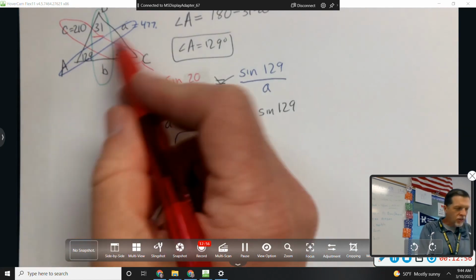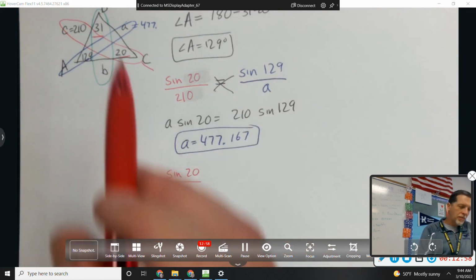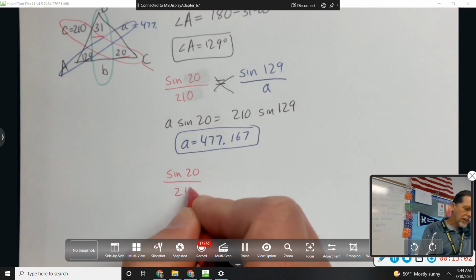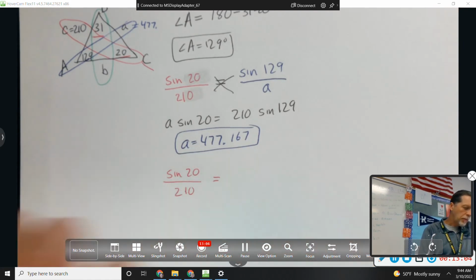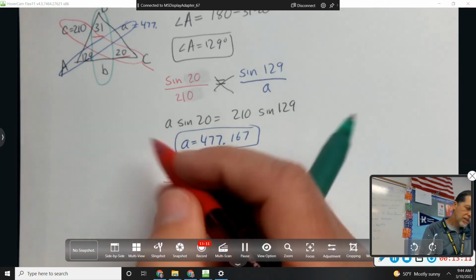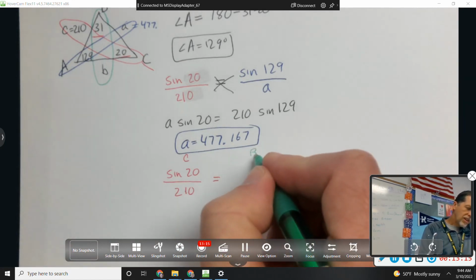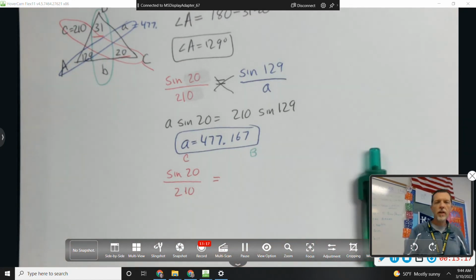We could use the A stuff, but if I messed up finding something in A, then it's going to mess up the rest of the problem. So let's use that original information. What am I going to set that equal to? That's the C stuff. I need to use the B stuff.